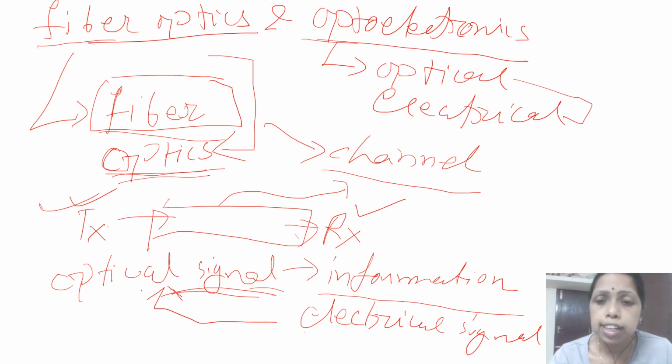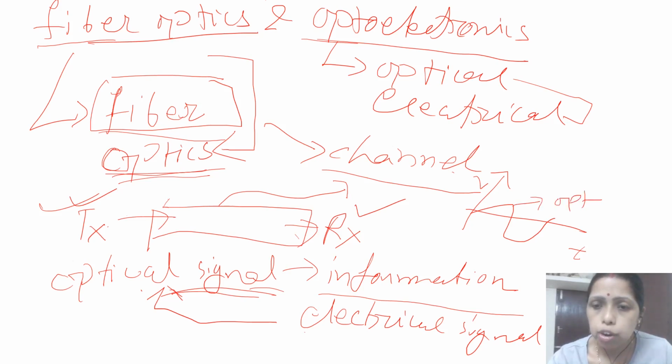Normally we can define the electrical signal like this: this is the voltage and this is the time. The information is in the form of voltage, like 5 volt or 10 volt. But instead of sending the electrical signal, it is converted into the optical signal, which is an electromagnetic wave.